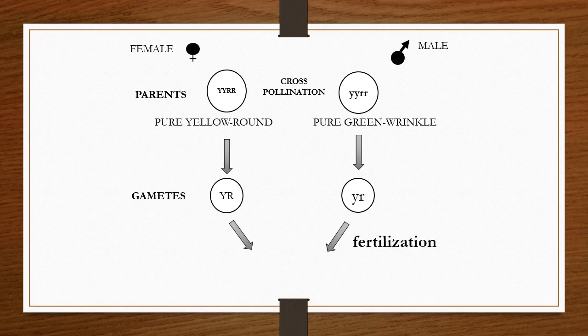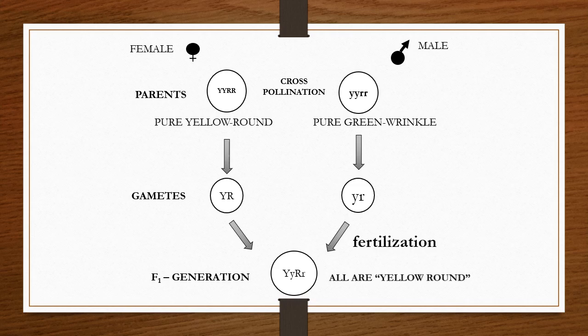During fertilization they form the F1 generation with capital Y small y, capital R small r. Here capital Y and capital R are dominant, so due to the presence of these dominant genes, all F1 plants are yellow round seeded.